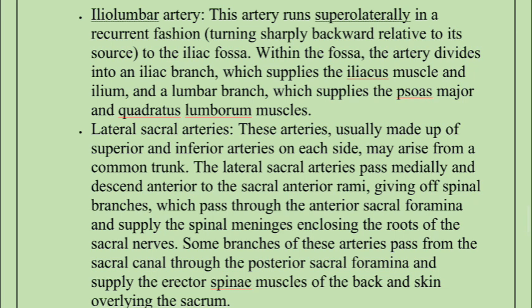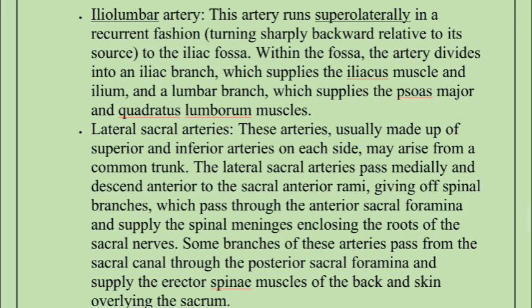The lateral sacral arteries pass medially and descend anterior to the sacral anterior rami. That's the anterior rami of the sacral spinal nerves. And the lateral sacral arteries give off spinal branches which pass through the anterior sacral foramina and supply the spinal meninges, which enclose the roots of the sacral nerves.